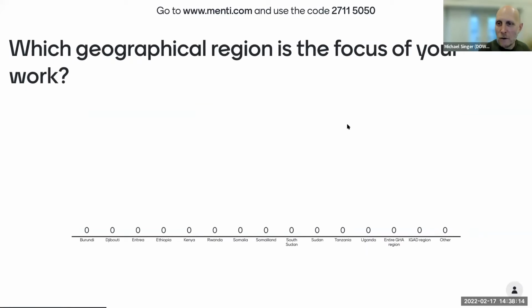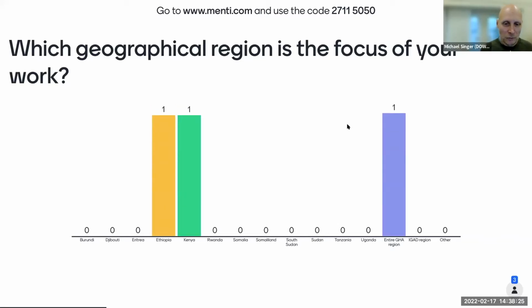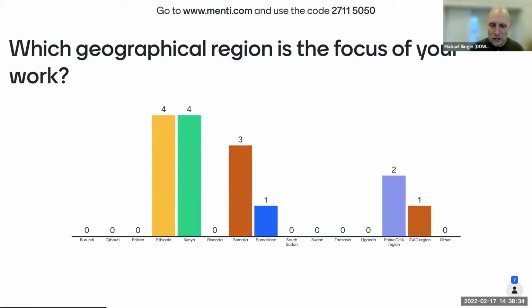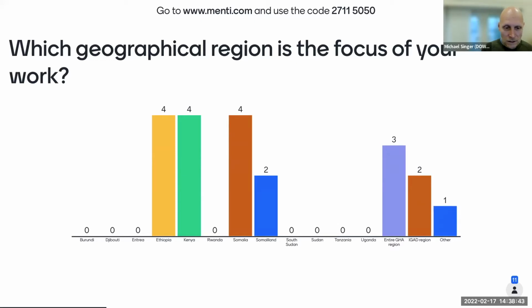Pretty straightforward, but we want to get a sense of the geographical regions of focus for your work so that we can understand more carefully what people's concerns might be. We can see some Ethiopia, Kenya, the whole Greater Horn of Africa region, the IGAD region, Somaliland, Somalia, and someone says other.